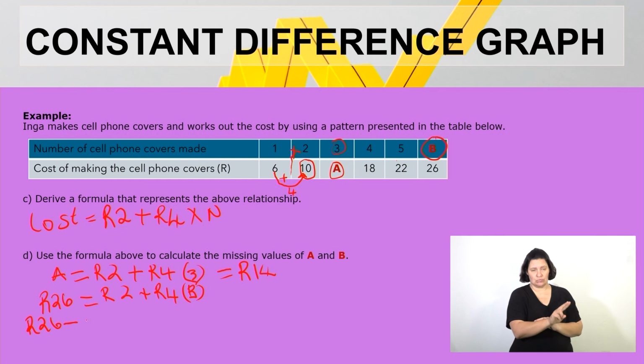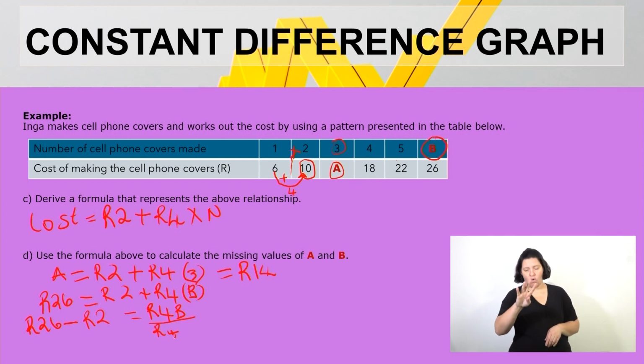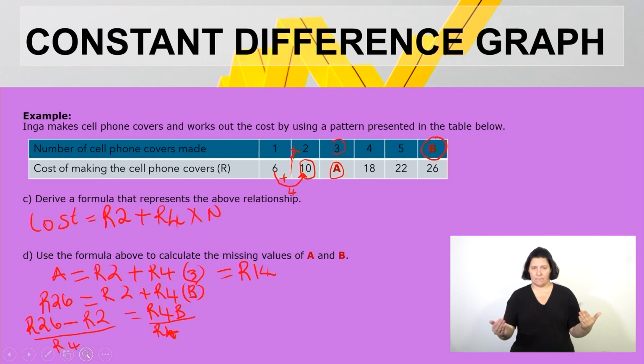It becomes negative 2 Rand, which is equal to 4 Rand times B. And then we need B alone. Therefore, we divide by the value that is sitting next to B and observe the rule that says what you do on the left-hand side, you also do on the right-hand side.